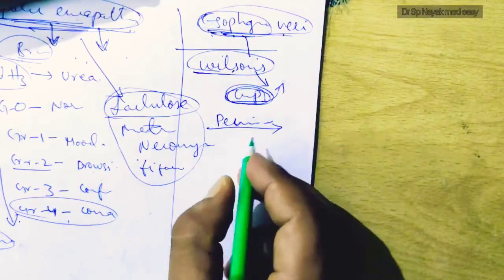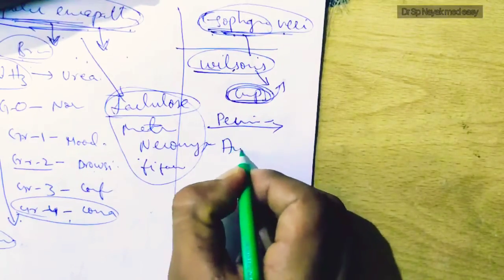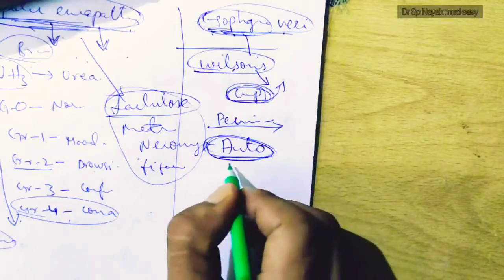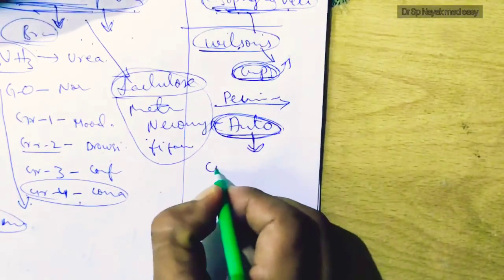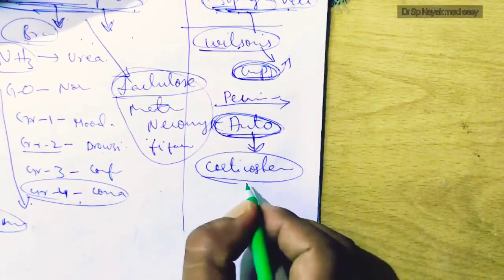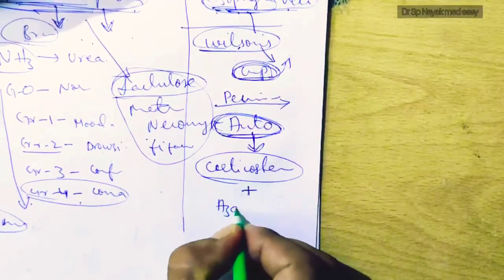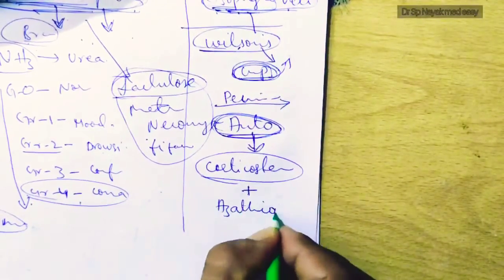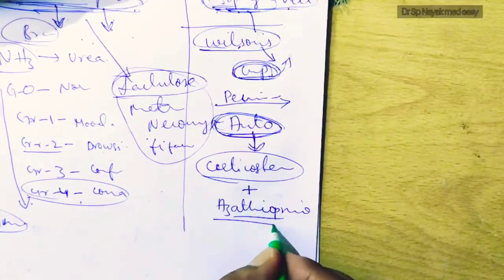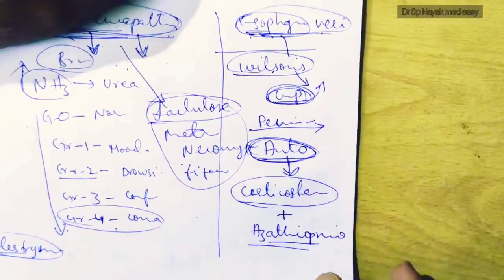And as you know, autoimmune disorder is a major cause of hepatitis. In most autoimmune disorders, corticosteroids are given, and along with corticosteroids, azathioprine is another drug of choice. So these are different treatment options for hepatitis.